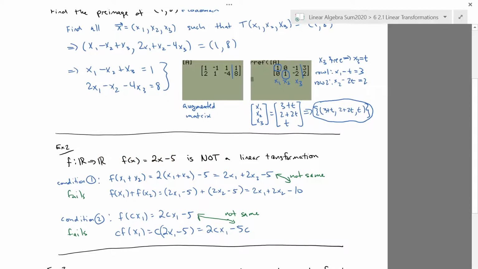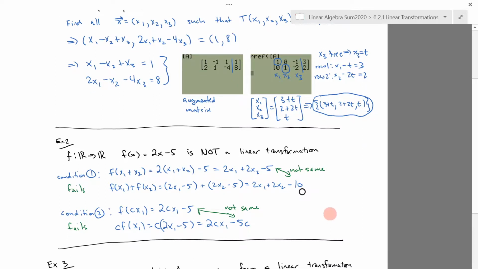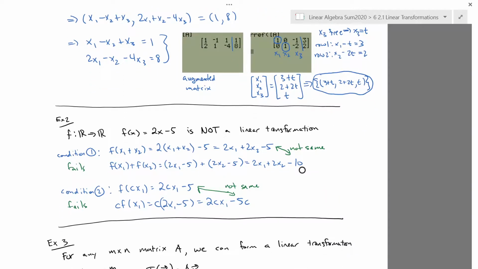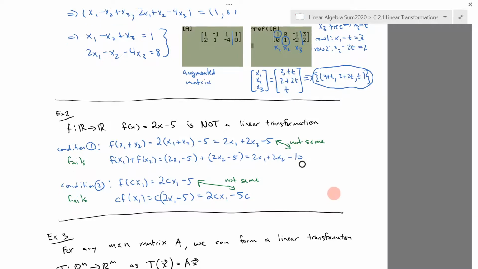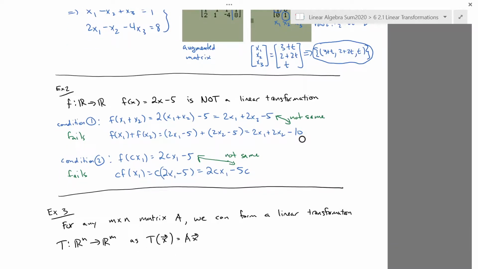But this linear function is not a linear transformation between vector spaces because it doesn't satisfy these two conditions. To not confuse the word linear between the two, sometimes this is referred to as an affine transformation.